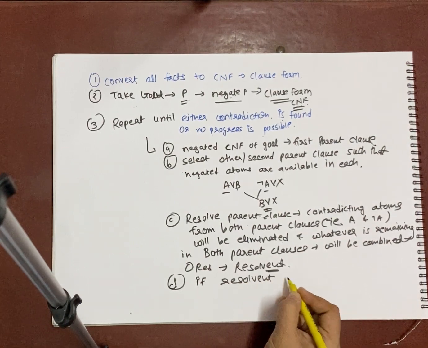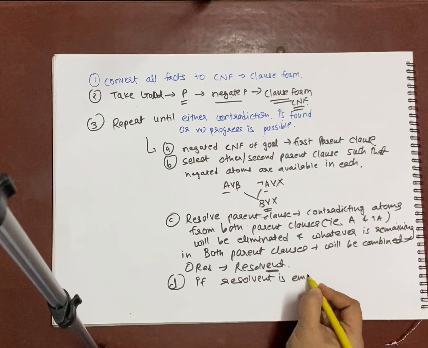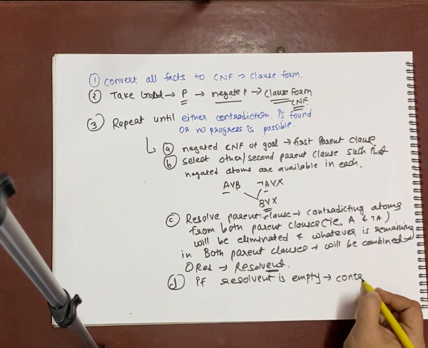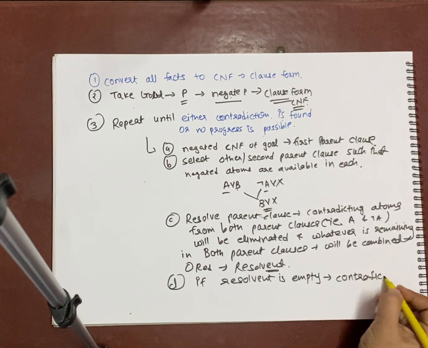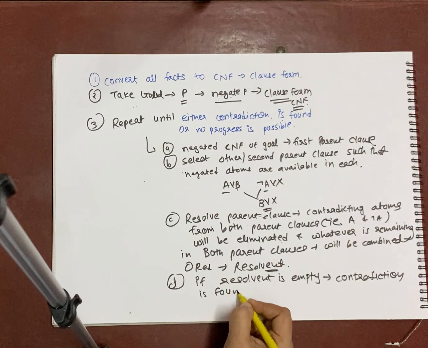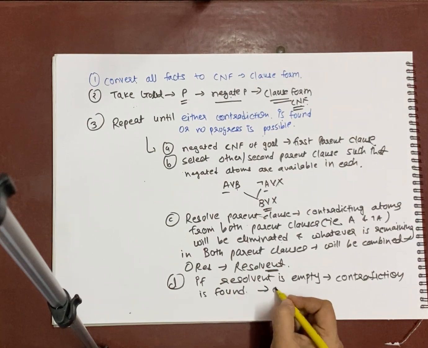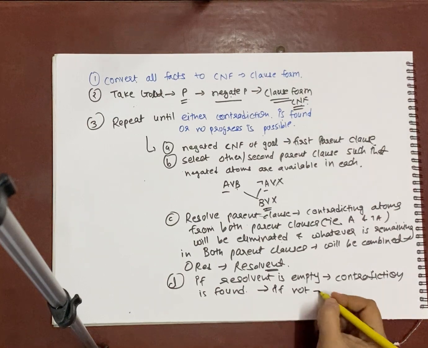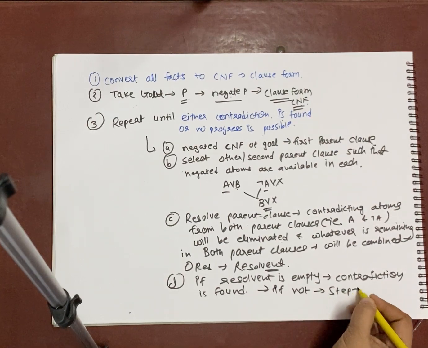If the resolvent is empty, then contradiction is found. If not, means if contradiction is not found, then what you have to do? Go to step number 3.